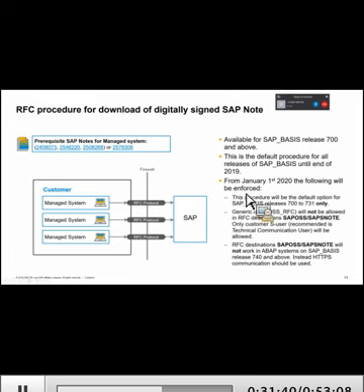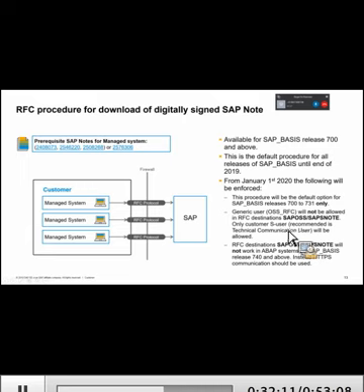So what are the changes that we can expect from the beginning of the next year? Jan 1st, 2020, it's an indicative date that you see here, so you can expect changes in the first week of January. This procedure, as I mentioned, will be the default option for 700 to 731 releases. The other important point to note here is that the generic user which you have been using for the RFC destinations, SAP OSS or SAP S-Note, will no longer be allowed.